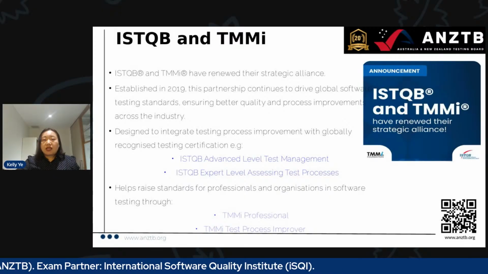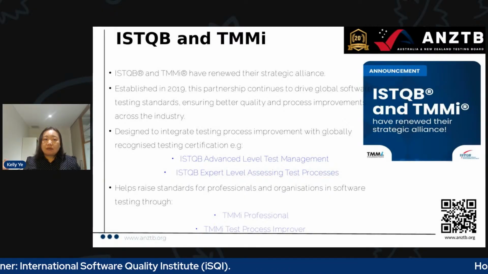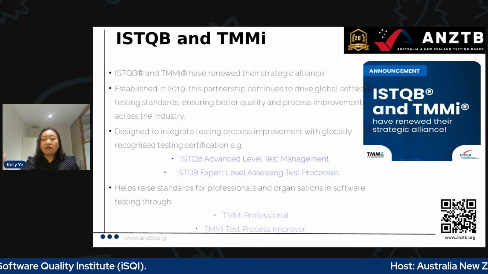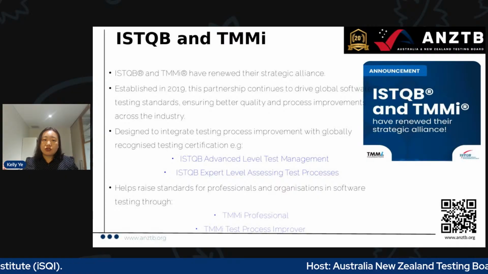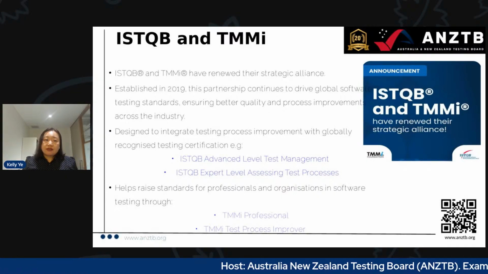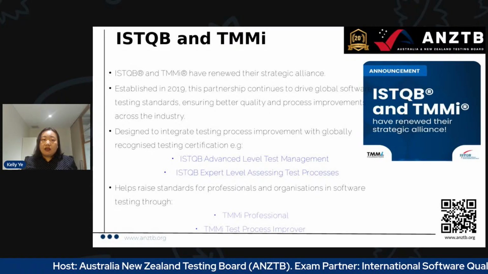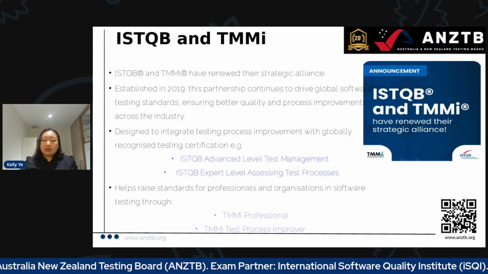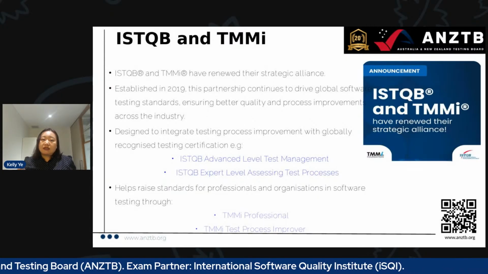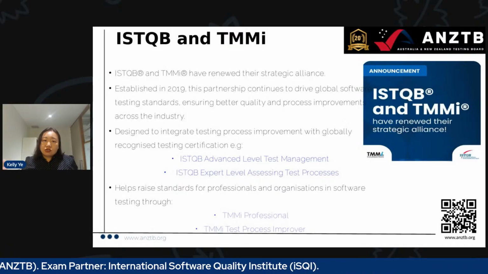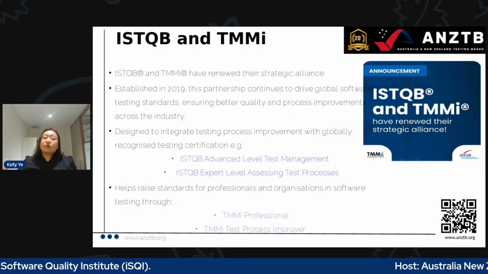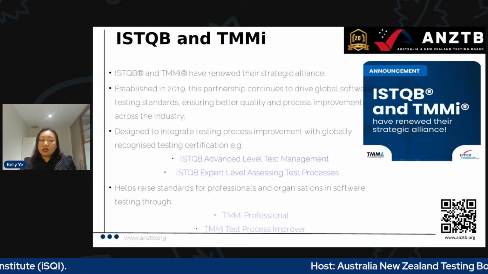TMMi also has the TMMi Professional, TMMi Test Process Improver, and even TMMi Assessor certifications, whose prerequisite is directed to ISTQB certification. So when you achieve the ISTQB certifications, there is a strategic progression for a tester to become a test manager and then a process improvement specialist.